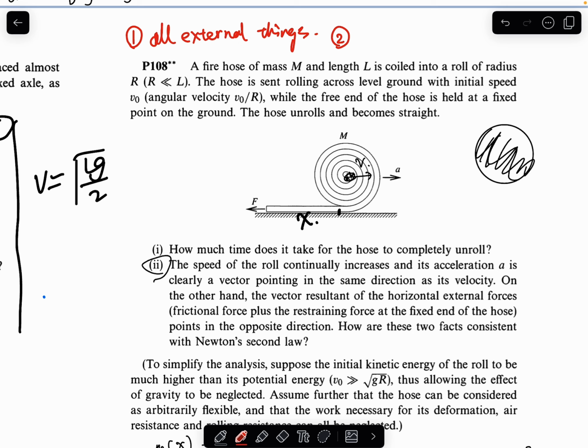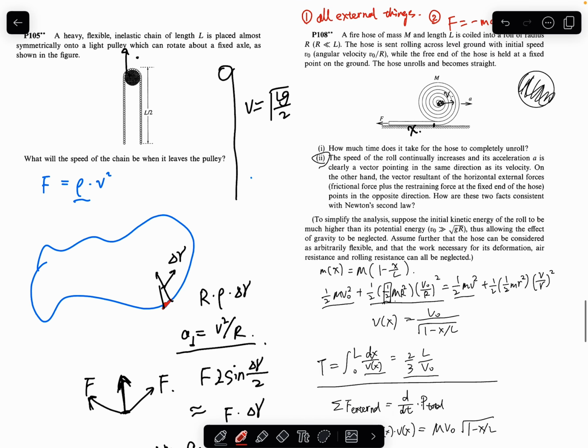It has some acceleration, and you have to add the inertial force, which is F equals minus ma, and this is some assumption you have to make. So consider these two things.